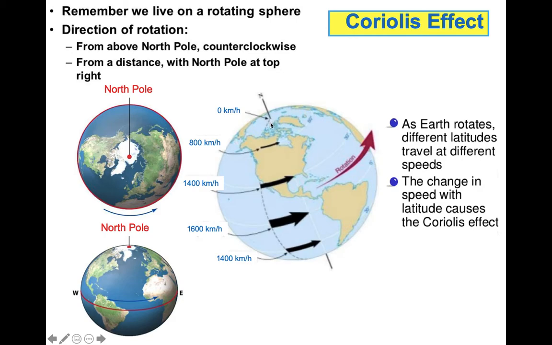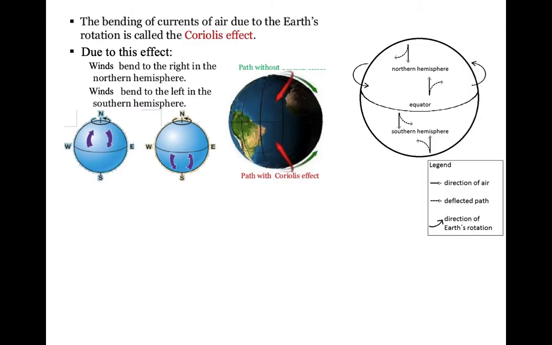So you see that these vectors are getting longer with higher magnitudes. At about 30 degree north latitude, 800 kilometers per hour. And then you get to lower latitudes, 1400 kilometers per hour, and so on. So the change in speed with latitude causes what we call the Coriolis effect.